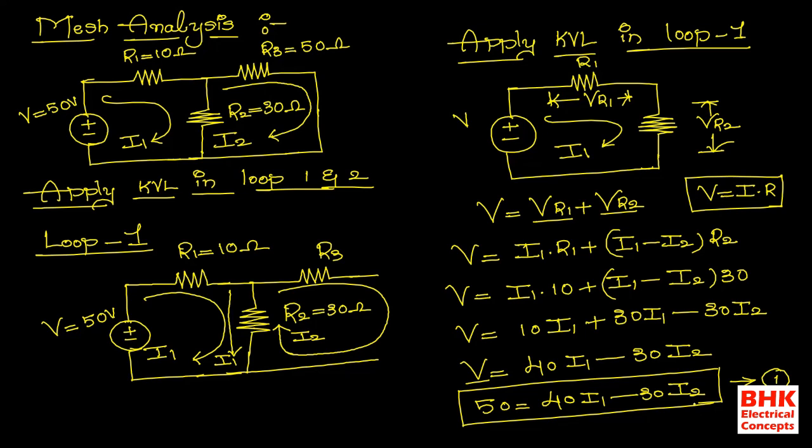Okay. Now, same like this, we need to apply KVL in loop 2 after drawing the separate diagram for loop 2. Now what are the elements which are connected to loop 2?